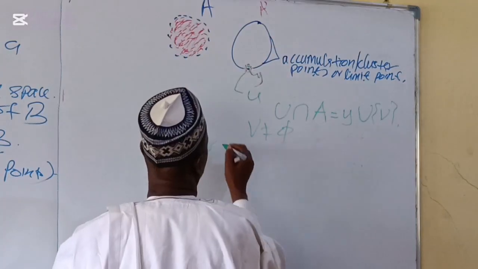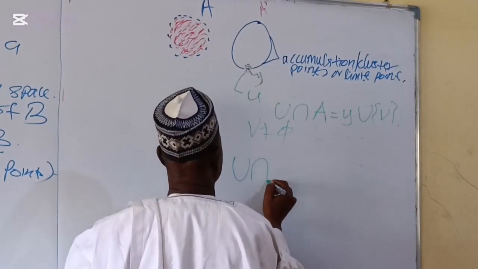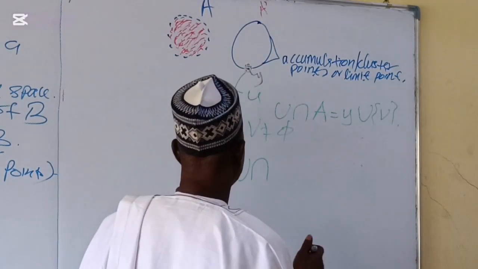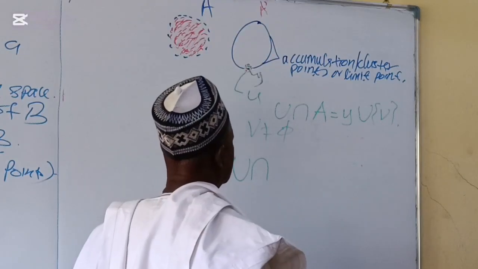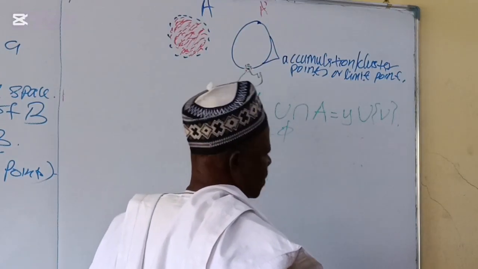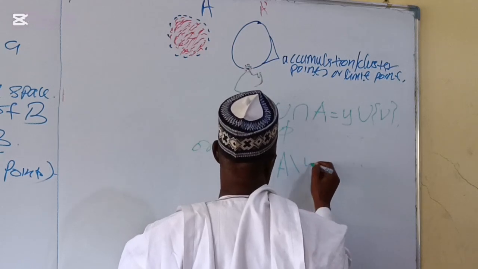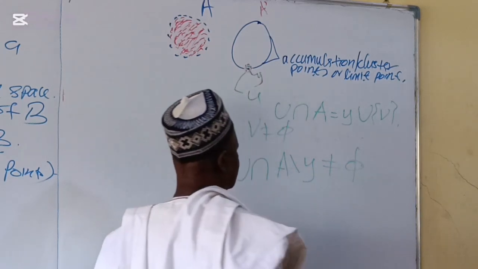Or I can say U intersected with A minus Y is not an empty set.